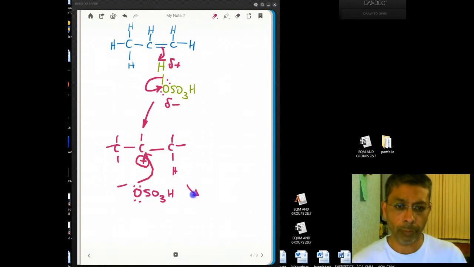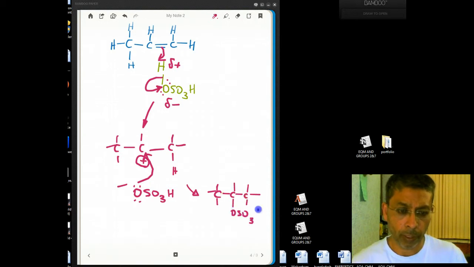Okay, and then it'll produce this thing here: OSO3H, propyl hydrogen sulfate.